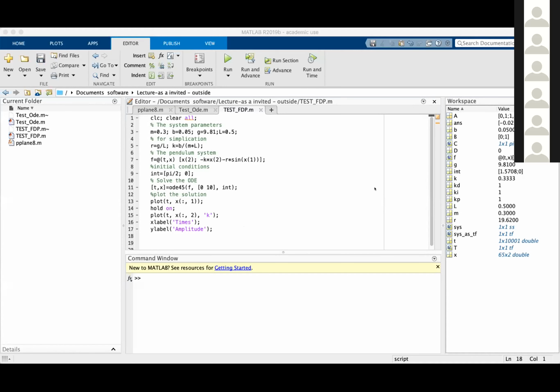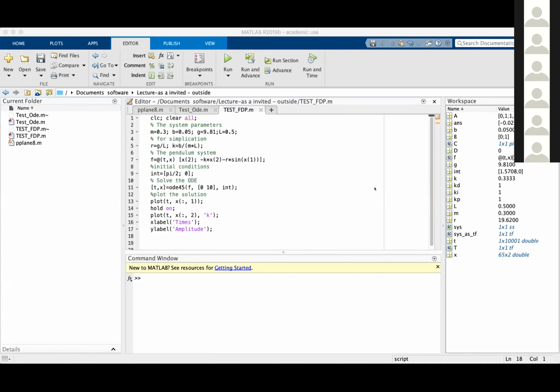So now the equations we have written here: x1 dot equal to x2, and x2 dot equal to minus k x2 minus r sine x1, because our x1 is theta and x2 is theta dot.